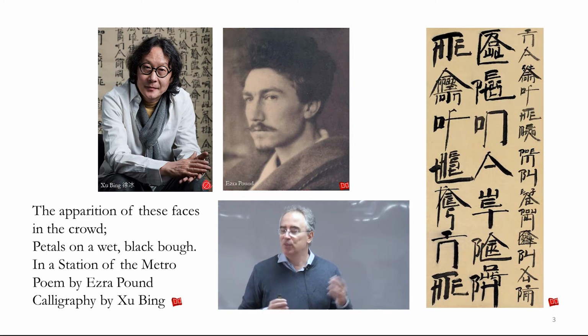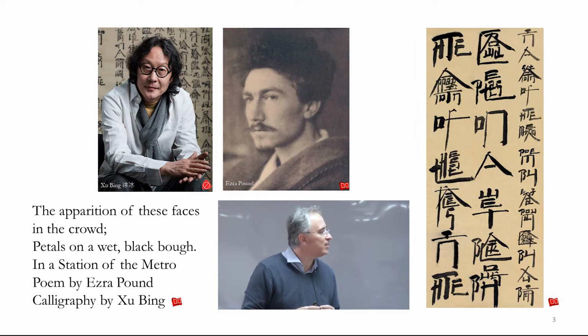You may or may not know that Ezra Pound was also a translator of very important texts from Chinese, including the Analects by Confucius, and also the Daxue and the Zhongyong.